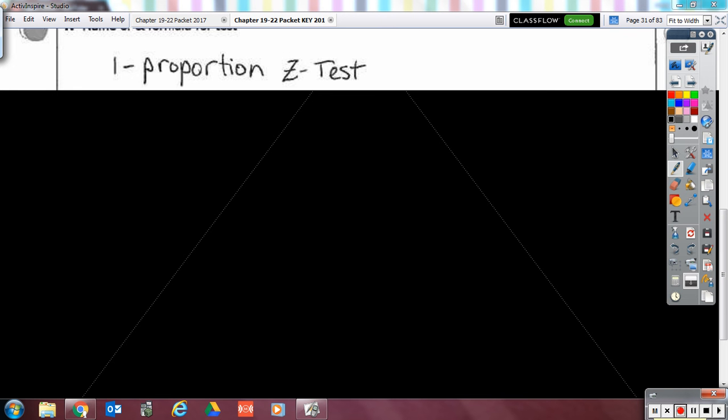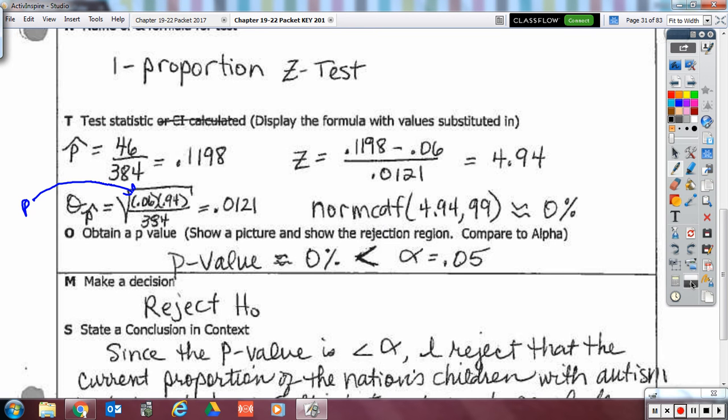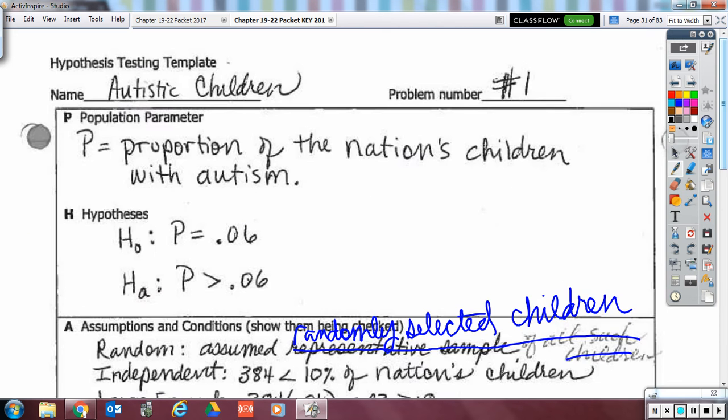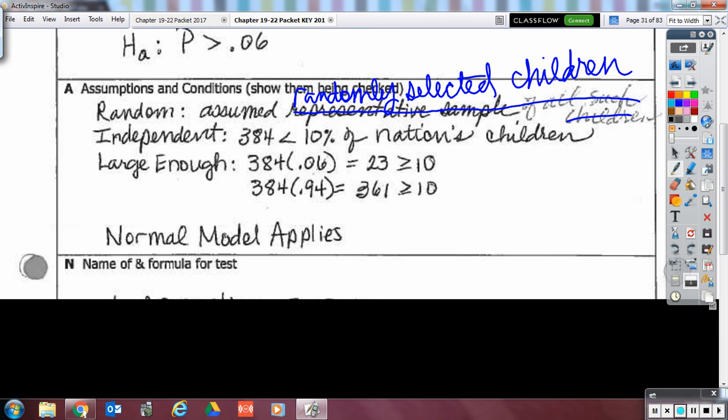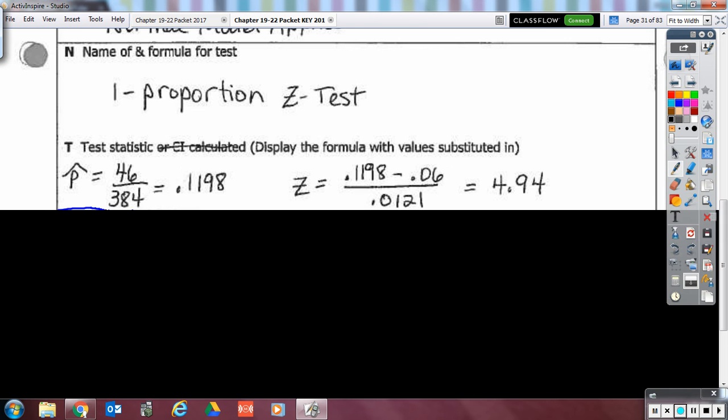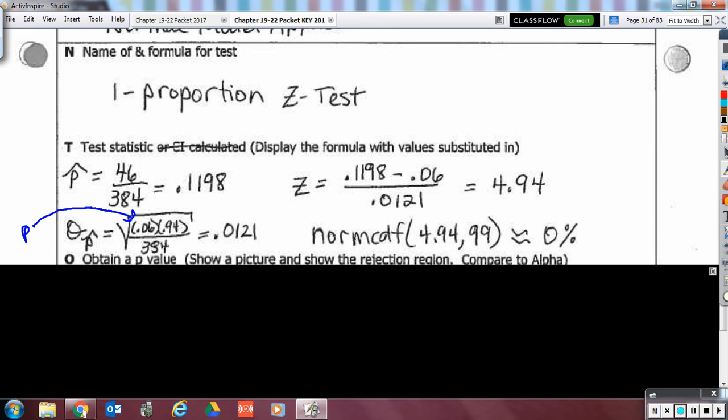Okay, you want to go ahead and check because you might be freaking out a little bit. I want to make sure that you got your standard deviation correct, because I'm really bad about messing that standard deviation up. I'm really bad about putting the wrong thing in for my standard deviation. So I got my P hat from 46 over 384.